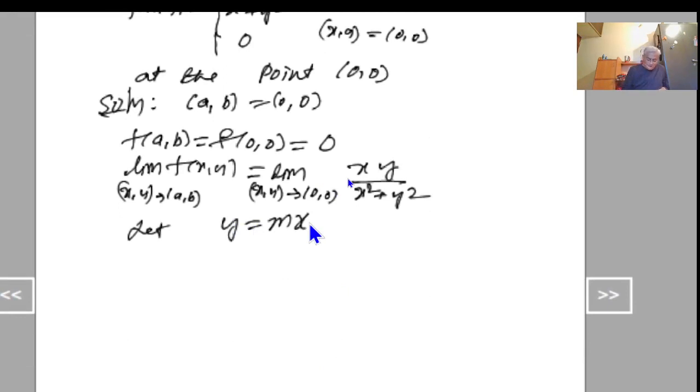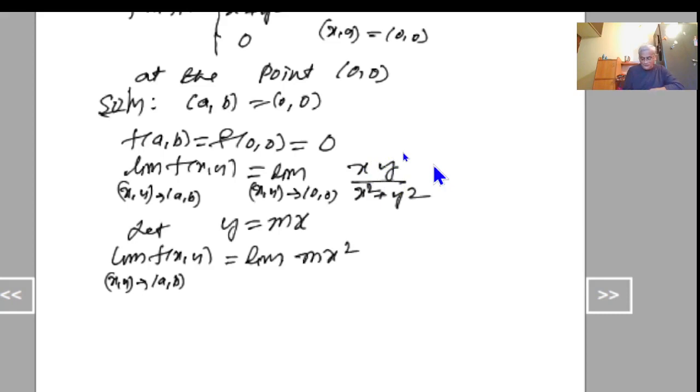Okay, so here the limit of f of x comma y as x comma y tends to a comma b is equal to the limit, taking y equal to mx, where the numerator becomes m into x square, and the denominator is x square plus m square x square. This becomes mx square over x square plus m square x square, and taking x square as common factor, the numerator is m into x square, and the denominator is x square times 1 plus m square.